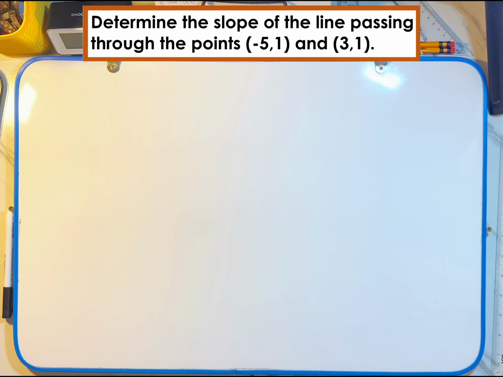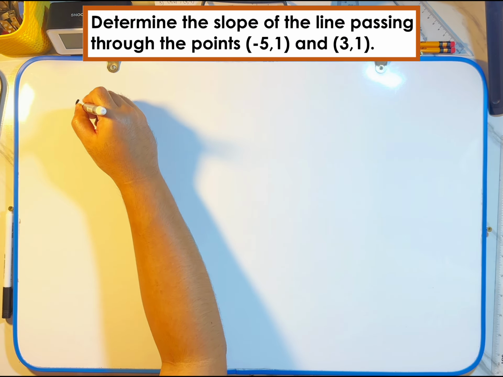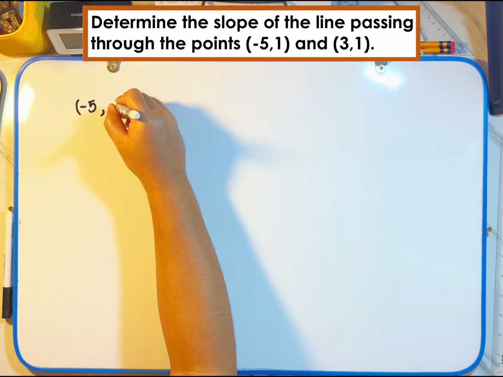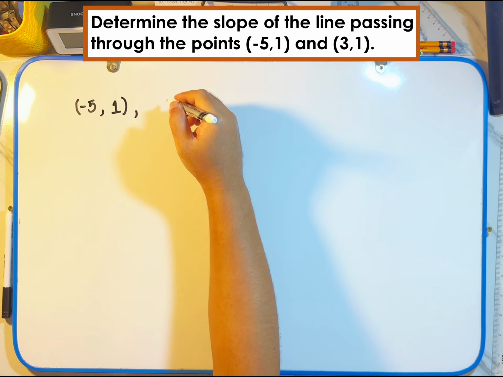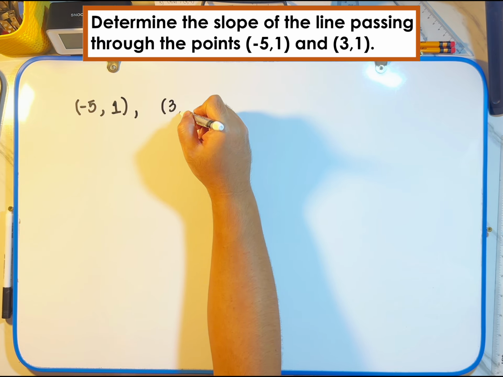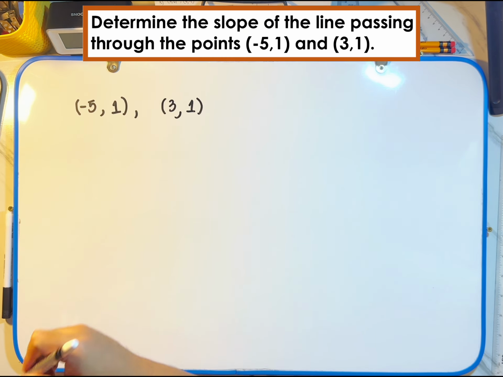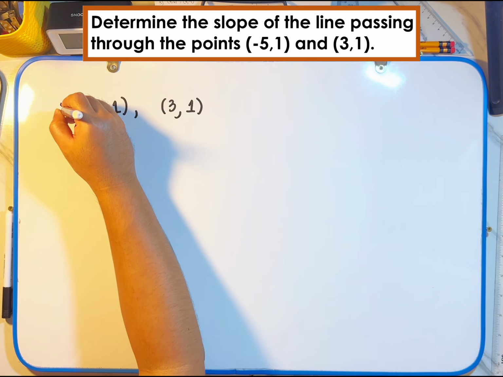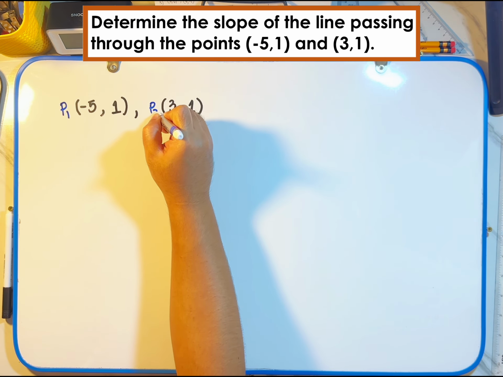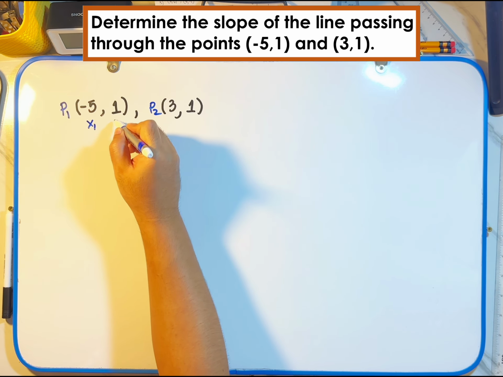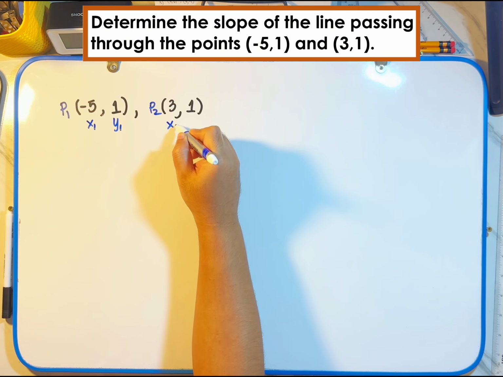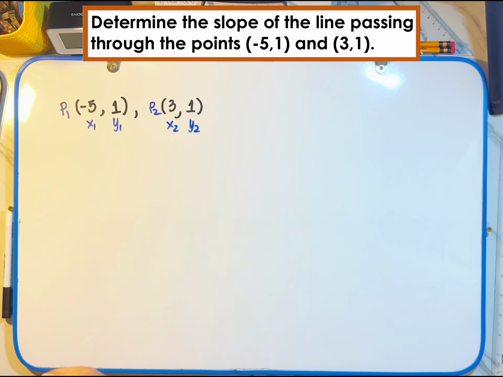Determine the slope of the line that passes through the points negative 5, 1 and 3, 1. Let us copy the points: negative 5, 1, while the other point is 3, 1. Again, let us label. So let's say this is point 1 and this is point 2. So this is x1, y1, x2, y2.